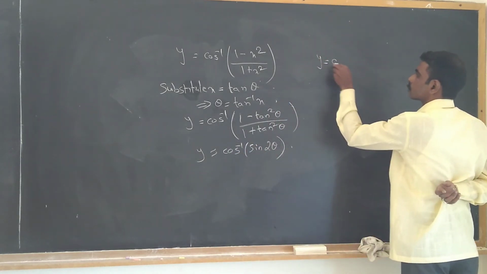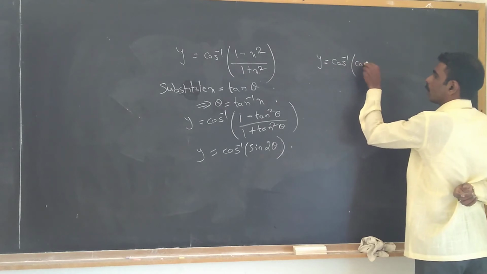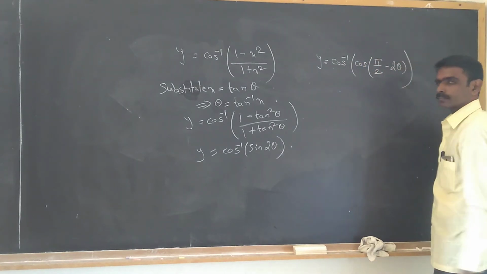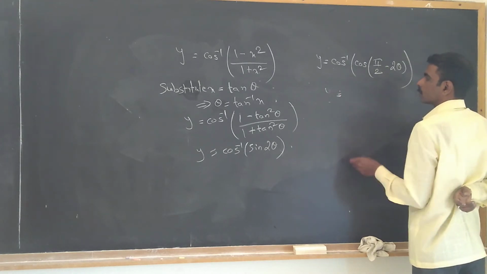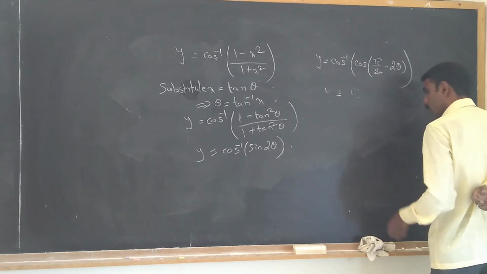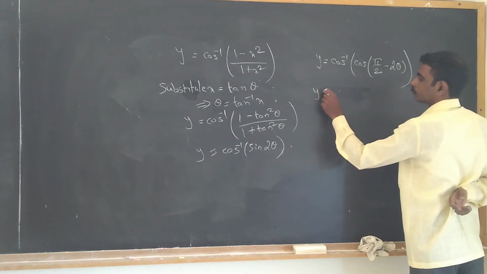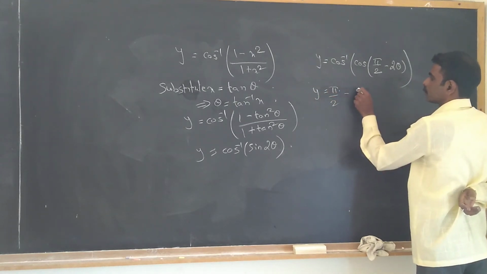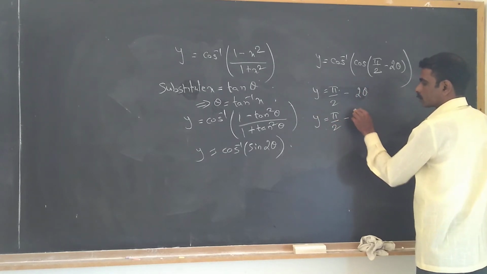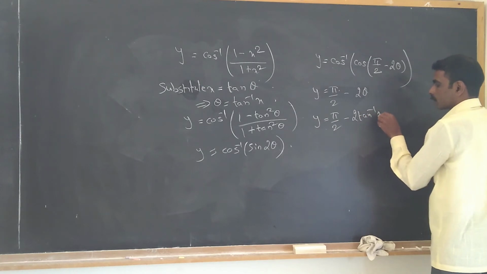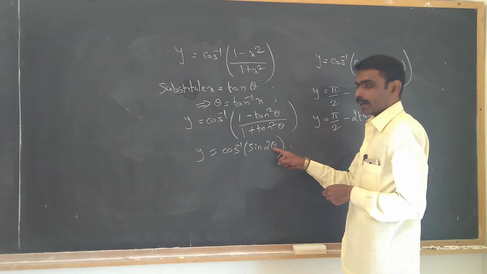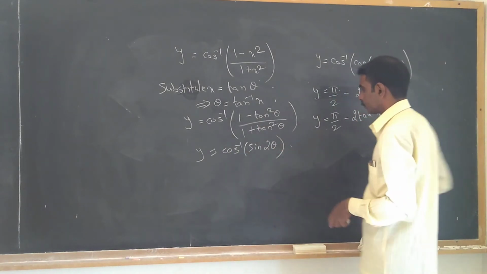So y is equal to cos inverse of cos of (pi by 2 minus 2 theta). So y is equal to pi by 2 minus 2 theta. So y is equal to pi by 2 minus 2 into tan inverse of x, because sine of (pi by 2 minus theta) is cos theta.